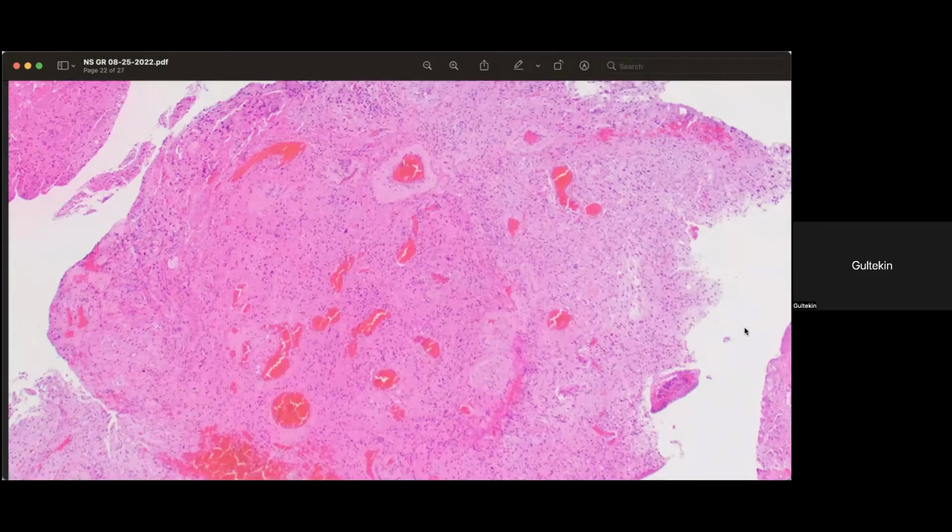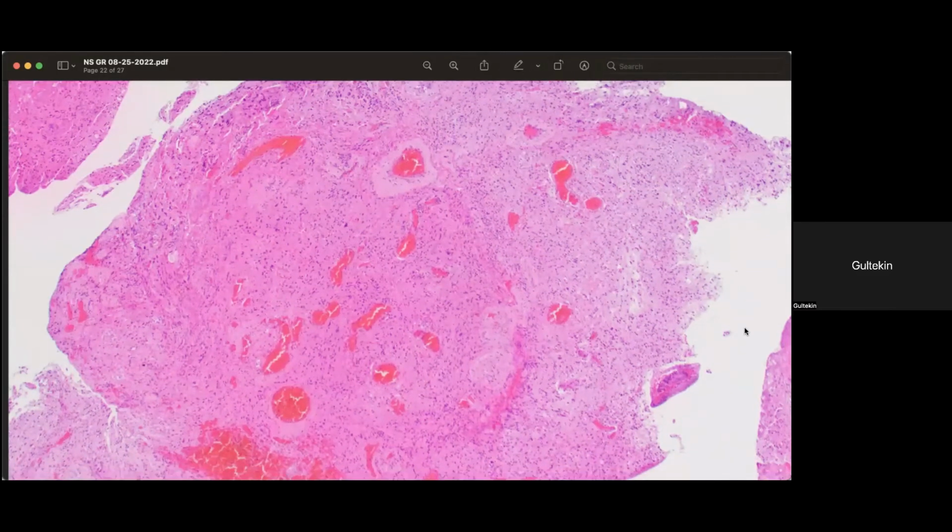And here is the paraffin. You see a relatively vascular-rich lesion here. It has some abnormal cellularity, but it does not seem to have any rosette formation. Next.